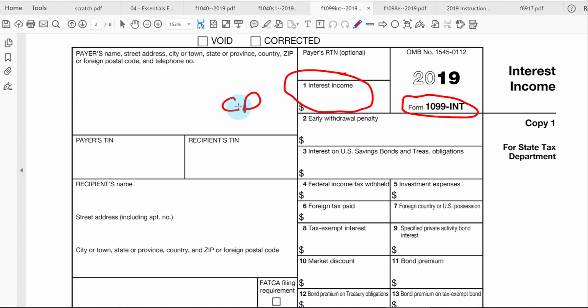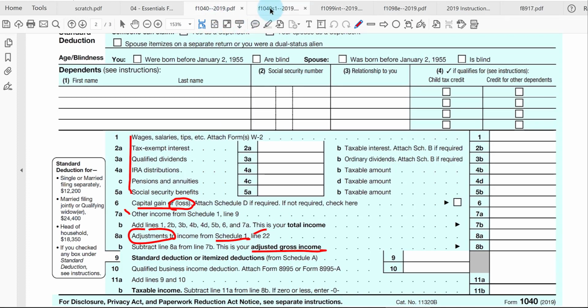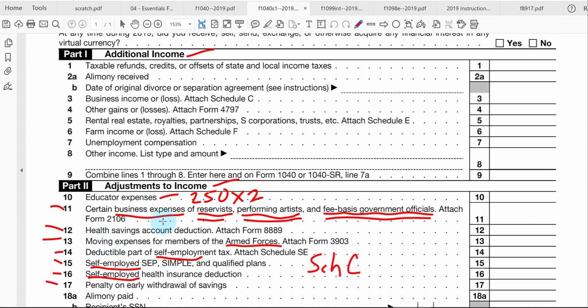Could be a few months, could be a year or many years. But if you cash in your certificate early, you still have to report all of this interest on your tax return and pay taxes on it. But the bank, not the government, will penalize you for cashing in that certificate of deposit early. And whatever dollar amount is listed here, you can claim as a deduction here on your Schedule 1, in line 17, penalty for early withdrawal.